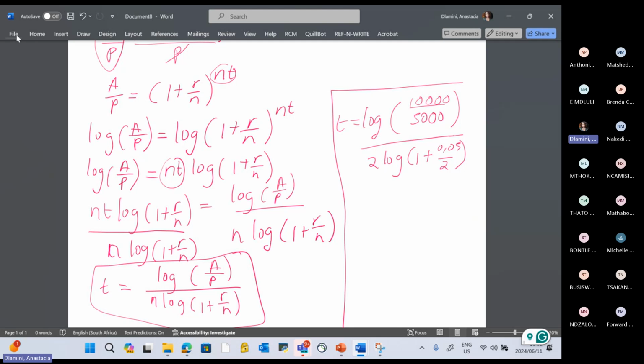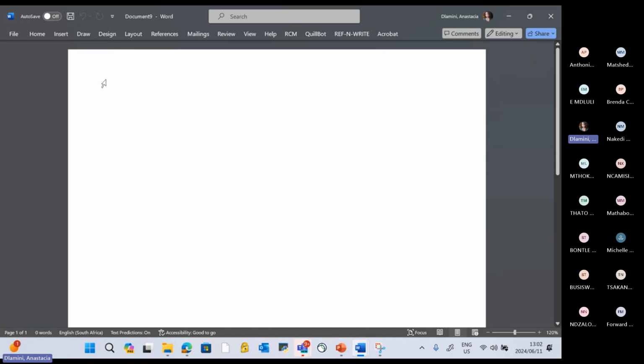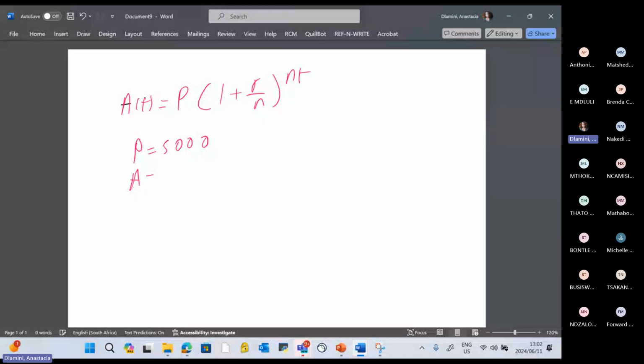Now, if we go back to our question, by not looking at that, they say it's compounded semi-annually, meaning that we're looking at A(t) is equal to P(1 + r/n)^(nt). So you found that your P is 5,000 rand. And then your A is equal to 10,000 rand. Where do we get this 10,000?